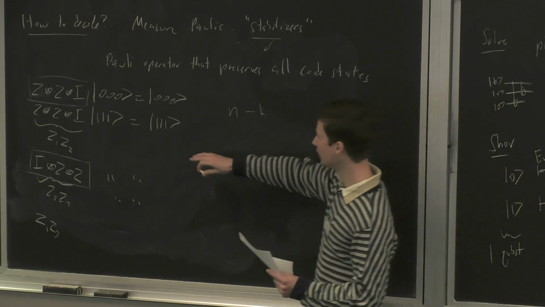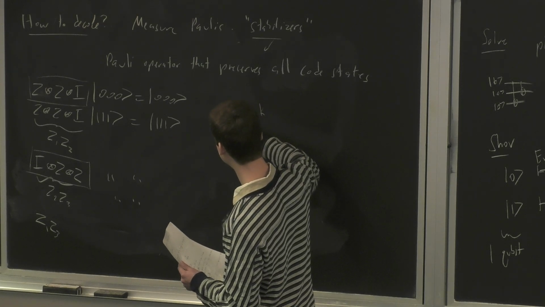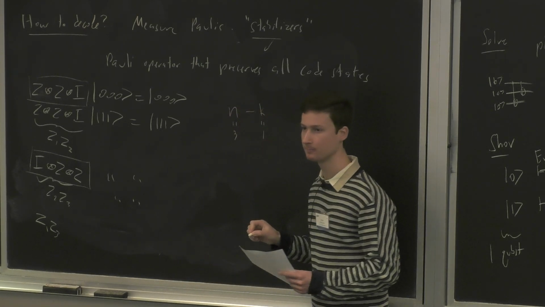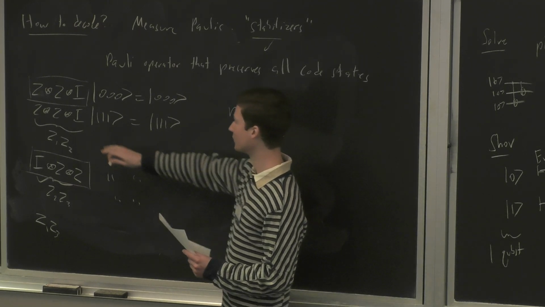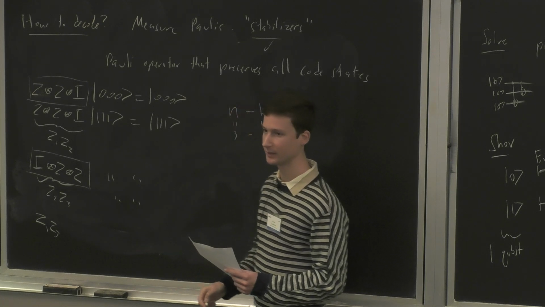So for the 3 qubit repetition code, n is 3, k equals 1, and so 3 minus 1 is 2. And so that's how we know once we find 2 of these stabilizers, we're done.